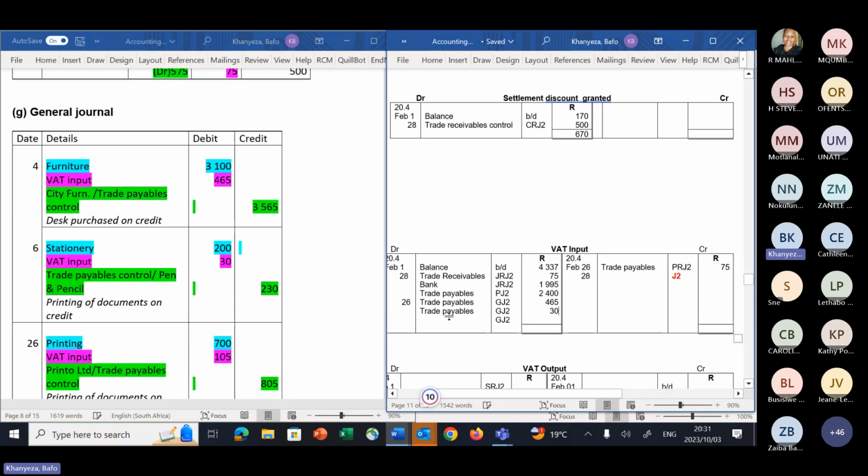It's already on the debit side. Again, it's trade payables, which is 105. Which then gives us 9407.